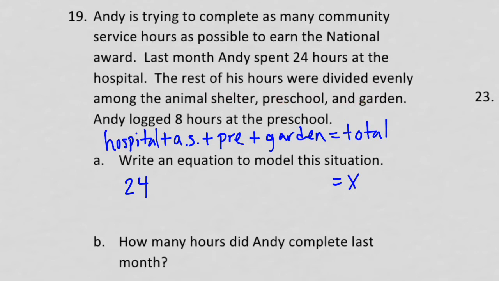So it's going to be 24 plus animal shelter, preschool, and garden. They're all the same. Can we call them all Y? Y, Y. Since they're all the same, it's going to be plus Y, plus Y, plus Y. Put them together and it's 24 plus 3Y equals X.